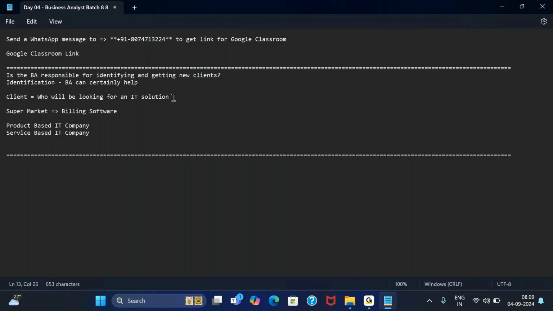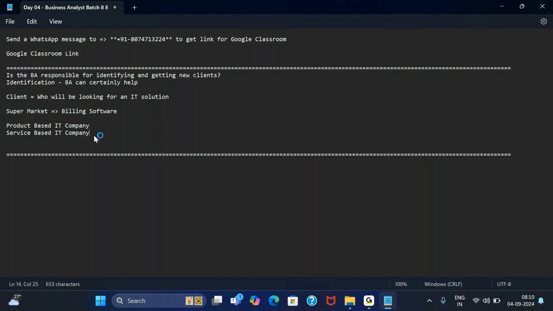So maybe I can create a generic billing software, and then I can start approaching multiple restaurant owners so that they can start using my software. Okay. So that's what happens with a product based company. They create a software, and then they want to sell that software. Okay. So they created a software based on their understanding.